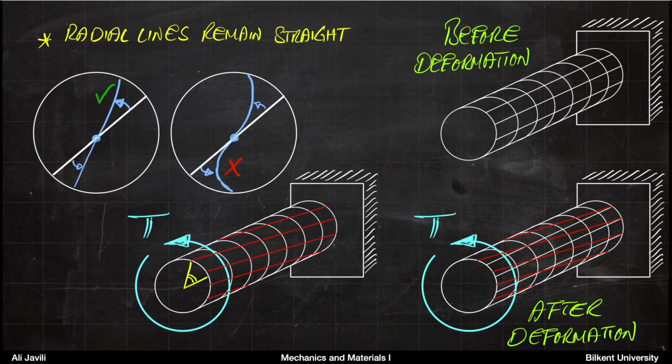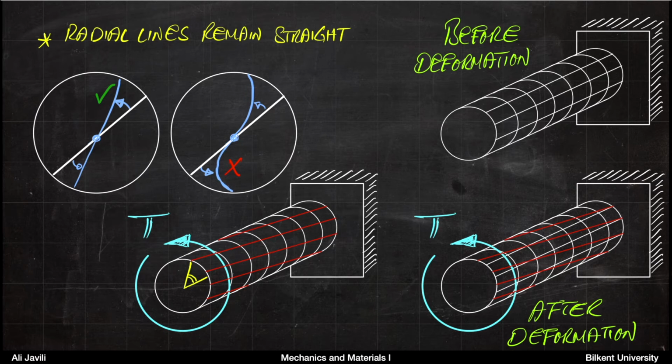Okay, so if you look at the shaft before the deformation and after the deformation, the first assumption that we need to make is that the radial lines remain straight. So let's say you have this shaft under deformation. Now, if you look at any cross section and if you look at these lines, we assume that they remain straight.